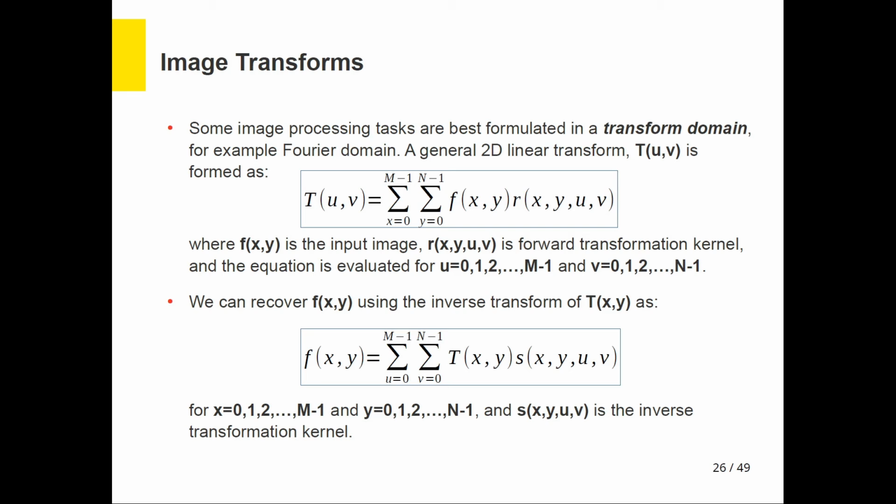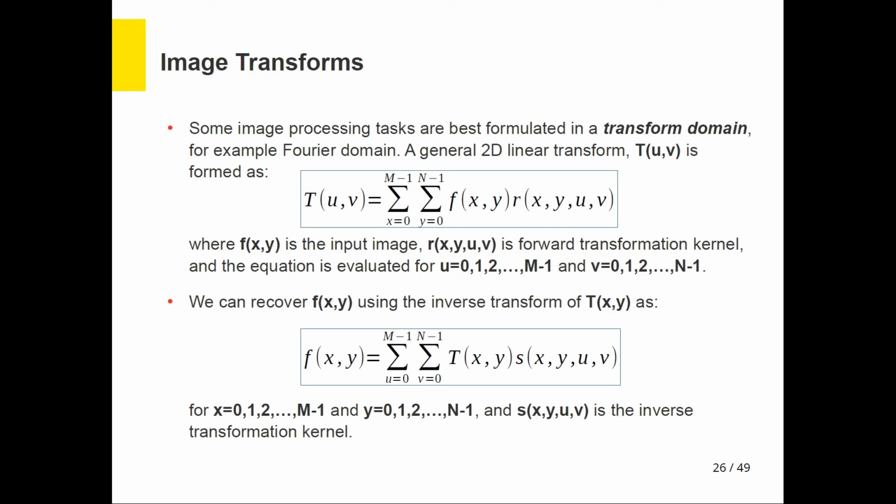A general 2D linear transform of an image, here shown as T(u,v), can be formed by this equation. As you can see, we have two summations, one going through the rows of the image, the other going through the columns of the image, and then we have the original image f(x,y), and we have this R function which is called a forward transformation kernel.